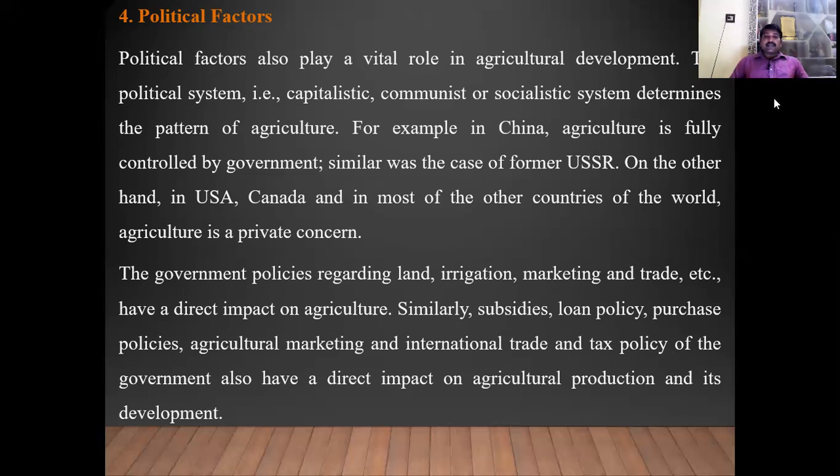The government policies regarding land, irrigation, marketing, trade, etc., have a direct impact on agriculture development. Similarly, subsidies, loan facilities, purchase policies, agricultural marketing, and international trade and tax policy of the government also have a direct impact on agricultural production and its development.